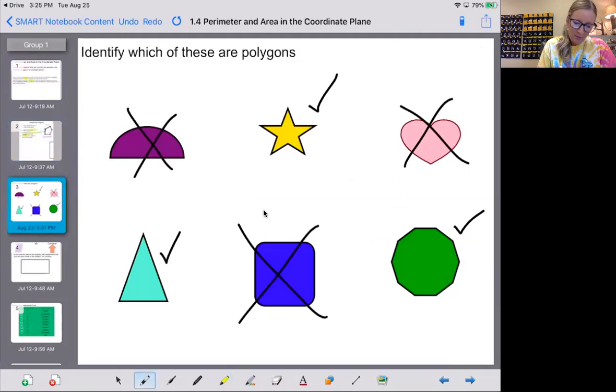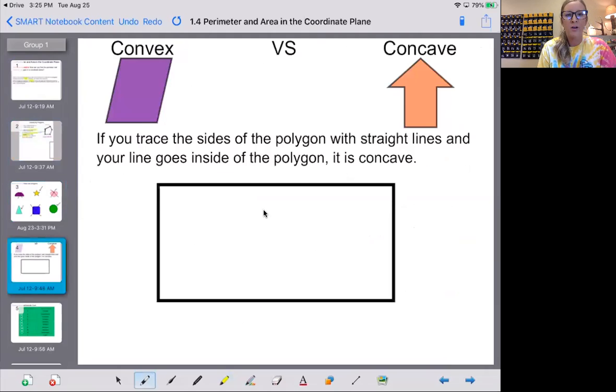All right, next we're going to talk about concave versus convex. I'm sure you've heard these words before. So concave versus convex, some people say concave is the one that has a cave in it, meaning that it kind of goes into itself right there. Convex is the one that always points outwards in all directions.